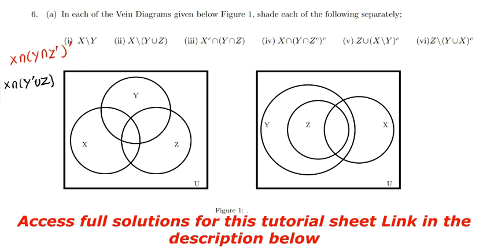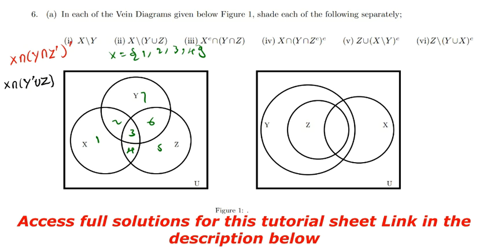Now you just assign numbers in these sets. Let's say we have 1, 2, 3, 4, 5, 6, and 7. For x, we already know the elements: x is equal to 1, 2, 3, and 4. Now we should find y complement union z.